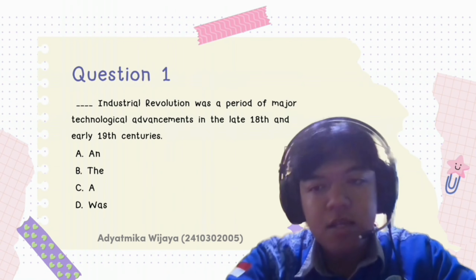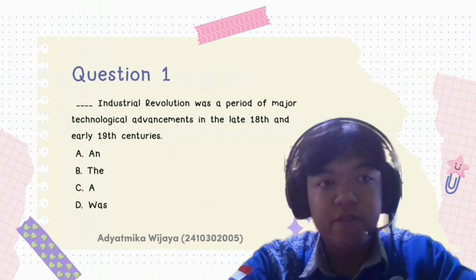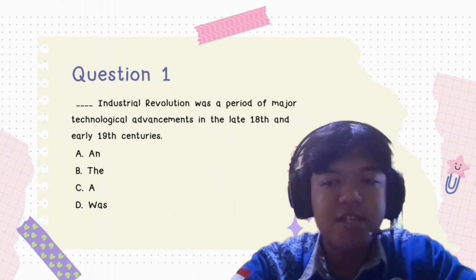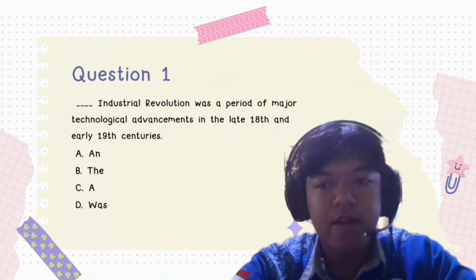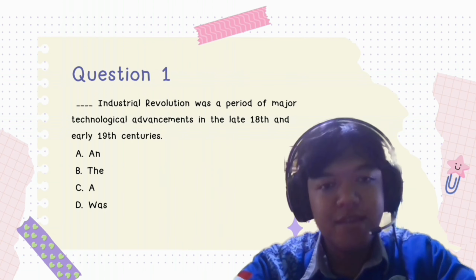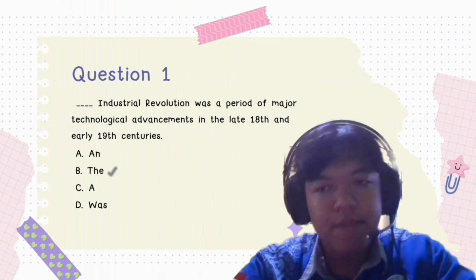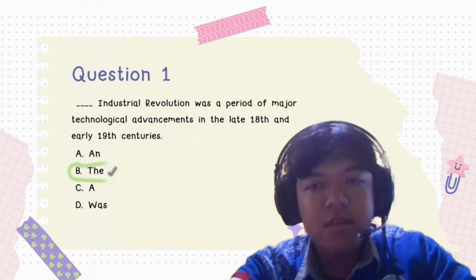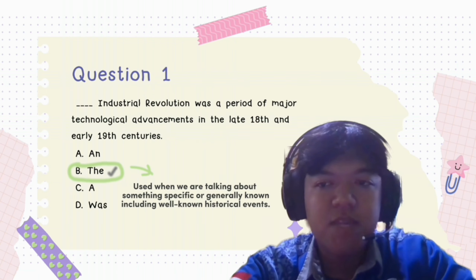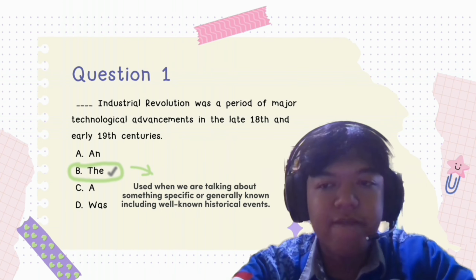Hello guys, so to answer the first question, we need to choose the correct article for this sentence, and the correct answer for this question is B, the. Why? The word the is used when we are talking about something specific or generally known, including well-known historical events.